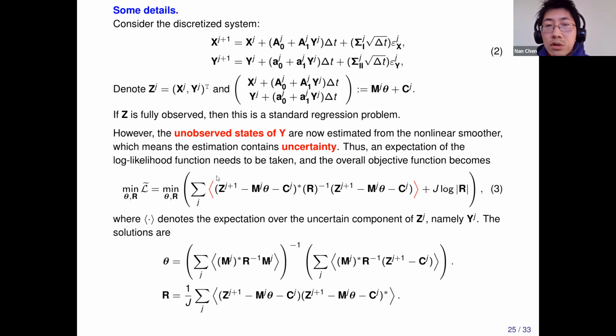The classical regression will be without this bracket. And this bracket, you can think of as an integration, kind of like you plug in all possible values of y, but you assign y a distribution. So it's like an averaged regression method. Your formula will be very similar to the classical regression, but everywhere you should have this bracket. And this bracket will include the statistical information about this y.